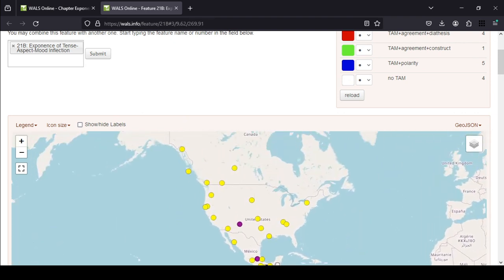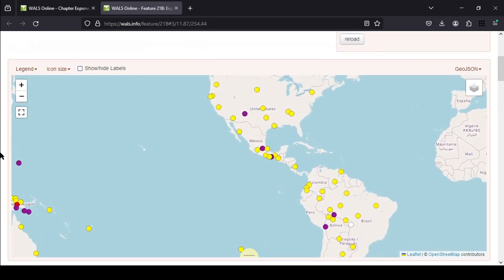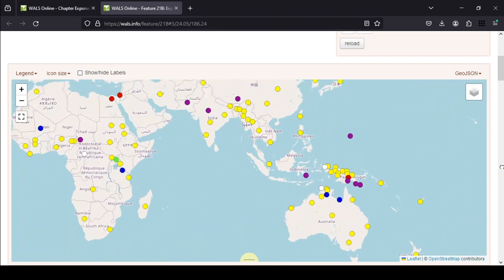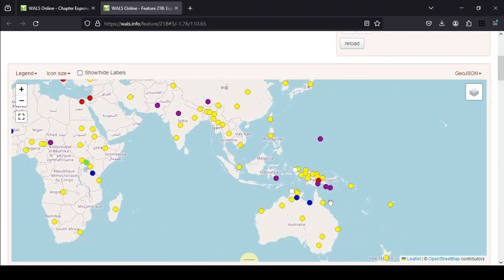We can see where they are here. It doesn't look like there's a real pattern in the Americas. In Afro-Eurasia, they're mostly in Western Europe, around the top of India, and there are so many in these islands, especially in Papua New Guinea.